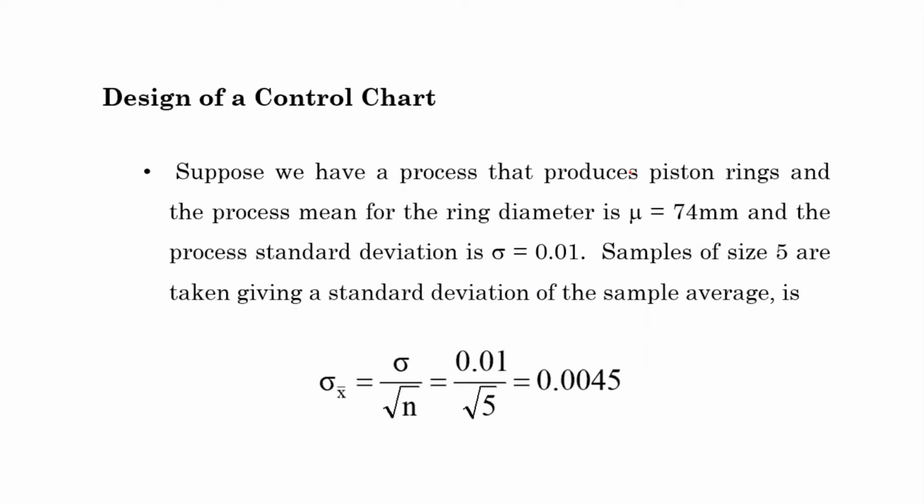Now suppose we have a process that produces piston rings and the process mean of the ring diameter is 74 millimeter. This is the process mean, which means this is not the specification. Specifications are normally indicated by T for target value, but when it is mu, then it is the process mean from the process that is producing the piston rings.